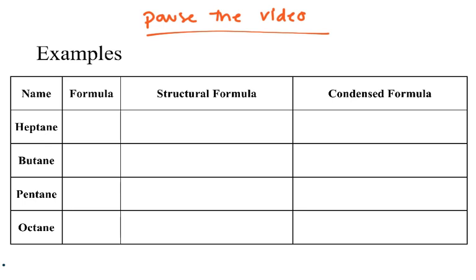So, heptane. Now we're going from the name to the formula. So you're going to need table P in your reference table. Again, that's on page 7. So hept is our prefix for 7, so I know I'm going to have 7 carbons, right? And our formula, again, was CnH2n plus 2. Right? So if I have 7 carbons, 7 times 2 is 14, plus 2, I'm going to have 16 H's.